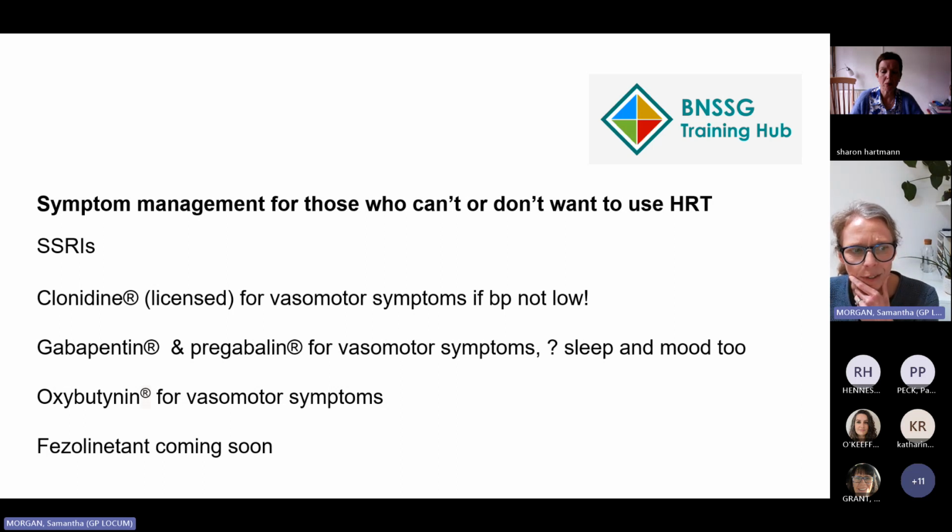But excitingly, we've hopefully got fezolinetant coming soon. This is an NK3 antagonist that works directly on the thermostat centre in the brain. It's been approved by the MHRA and is going through NICE at the moment, and hopefully will be an option, particularly for those women with breast cancer, relatively soon.